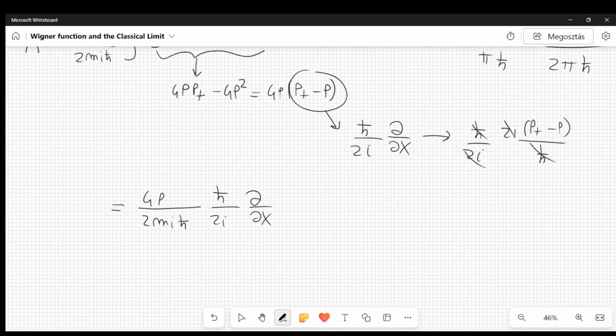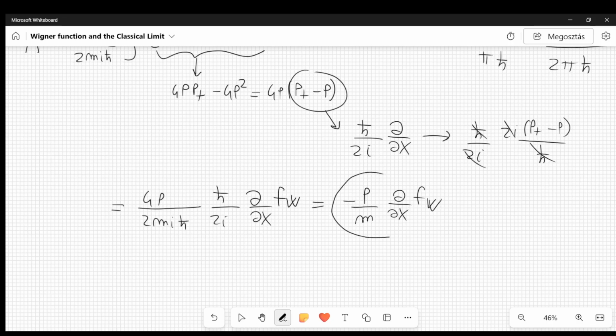So here we can simply restore the Wigner function like this. And if you do some simplification, here you just have minus p over m partial derivative with respect to x of the Wigner function. And this minus comes from the fact that we have i and i, so i squared is equal to minus 1, of course.